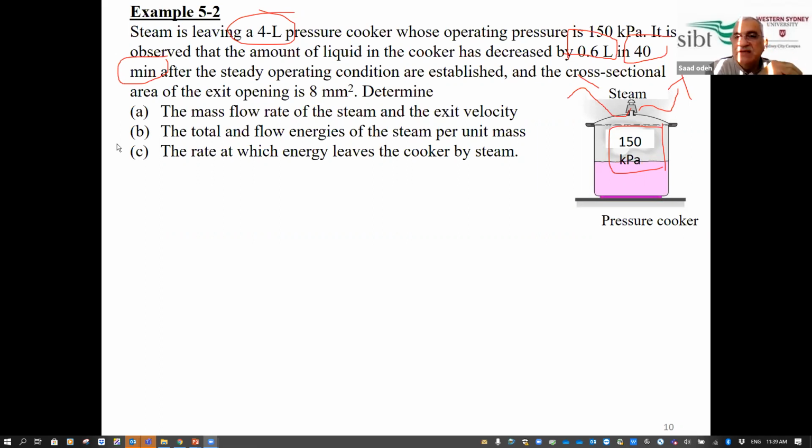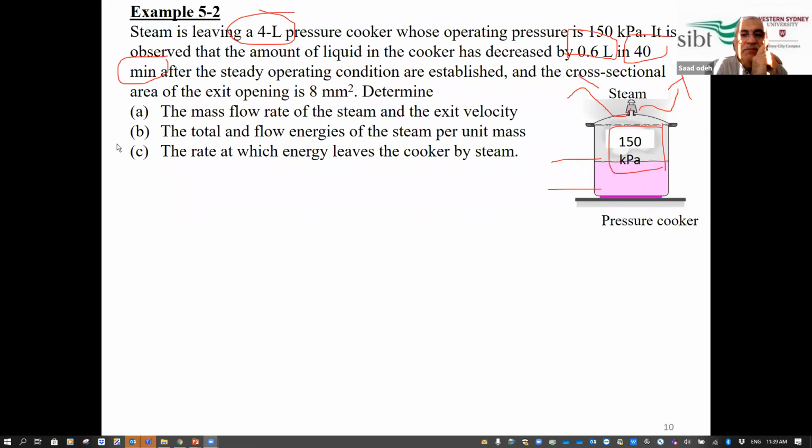This will affect the level of the liquid water in the cooker.